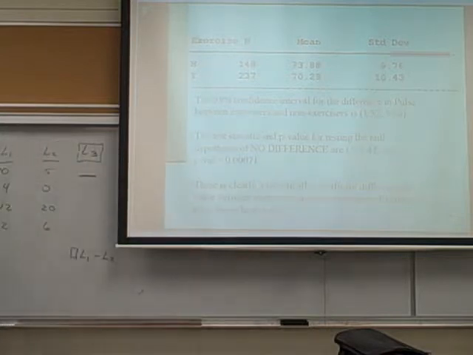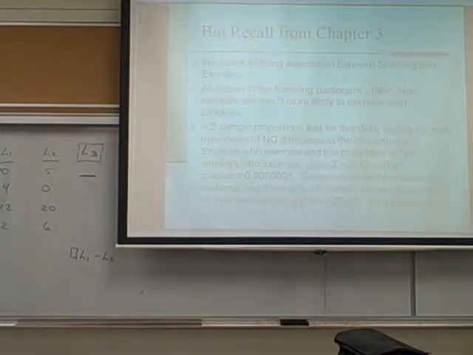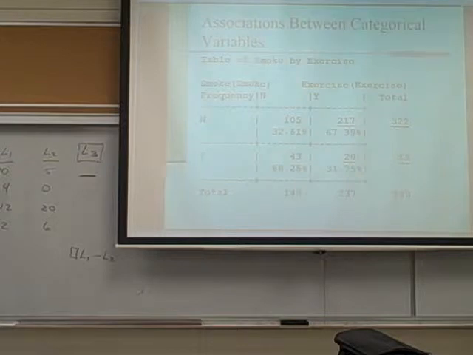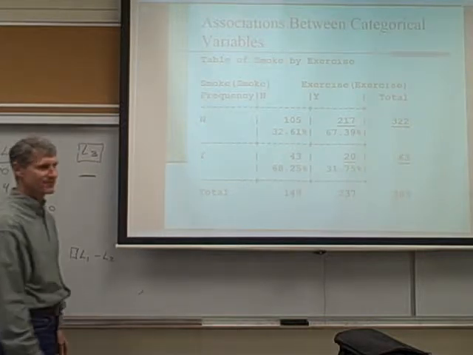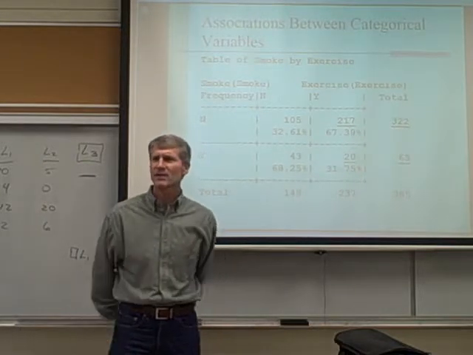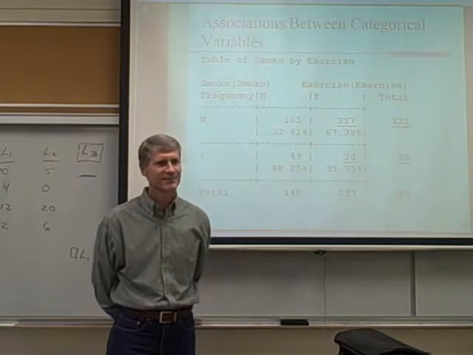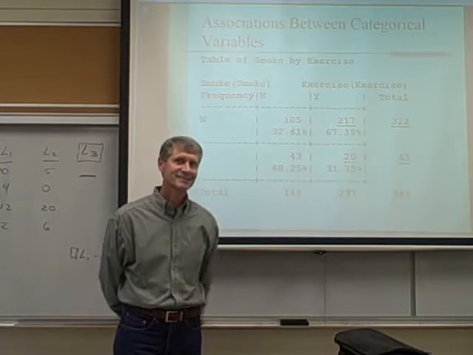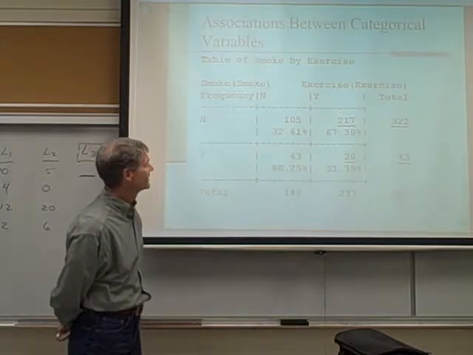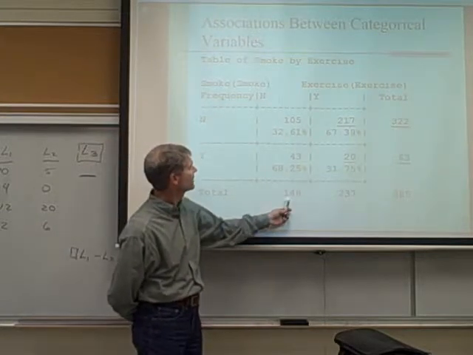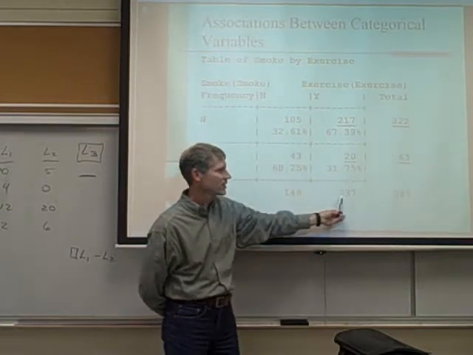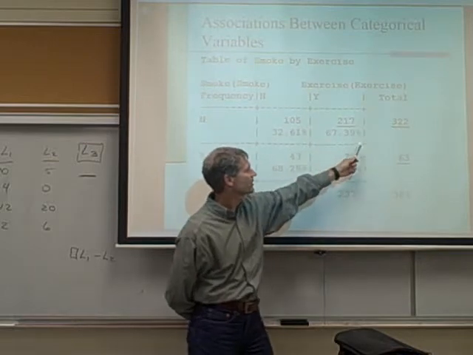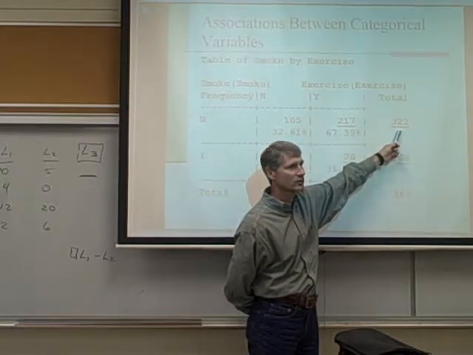And here's the analysis of that data. Remember contingency tables? Have I mentioned that the final is comprehensive? There you go. Right, here's my 148 who don't exercise, 237 who do. Here's my 322 who don't smoke.